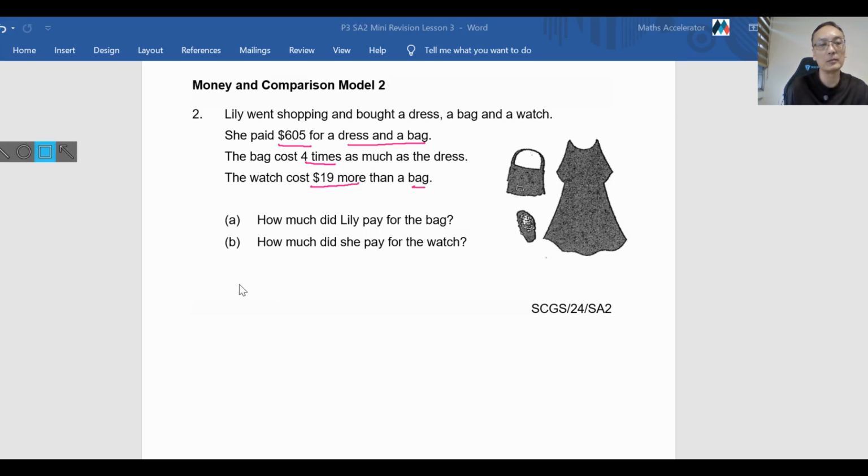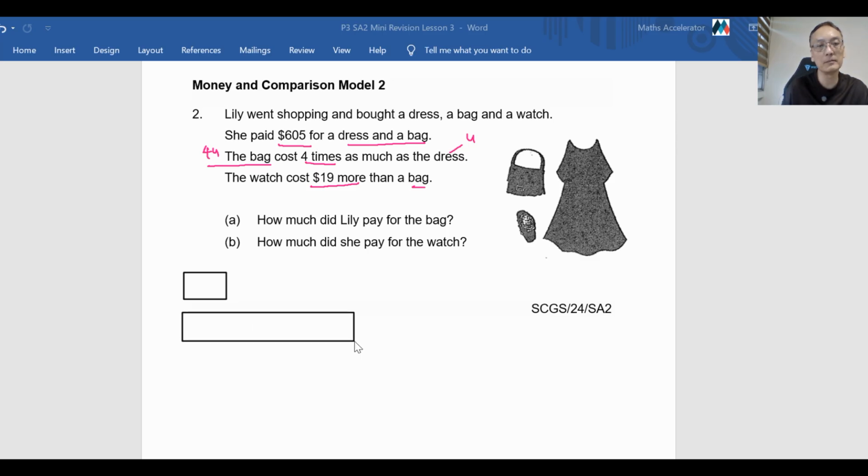So we start drawing our model. The bag would be 4 units, and the dress will be 1 unit. So let's draw over here 1 unit for the dress and 4 units for the bag.